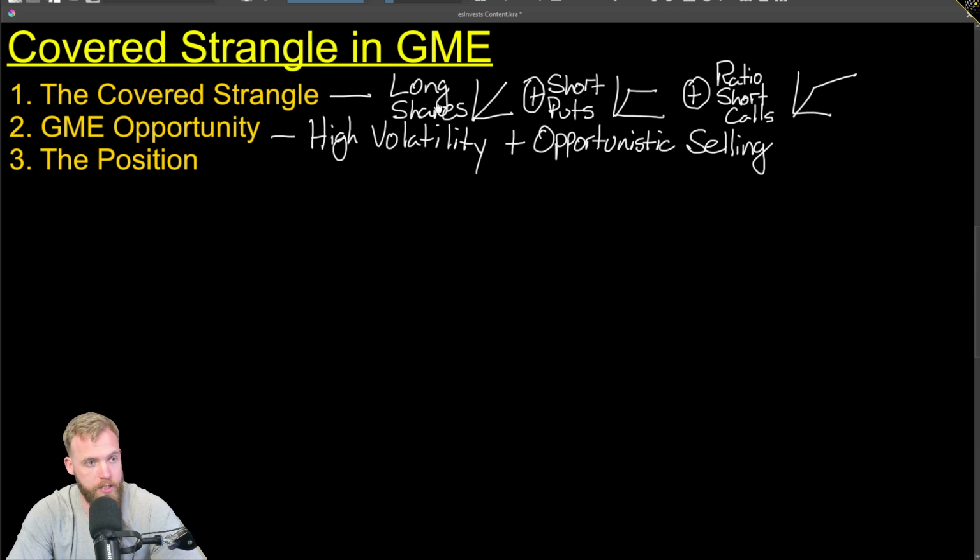So the base position in the covered strangle is long shares, and then the options are just to amplify the position. GameStop presents a really interesting opportunity because it's very, very high volatility, and the options positions that we use in this strategy are both short options positions.